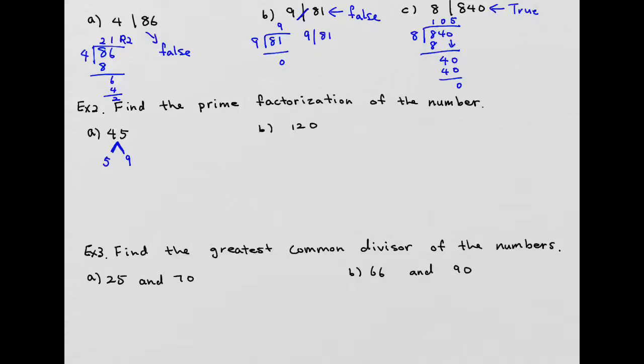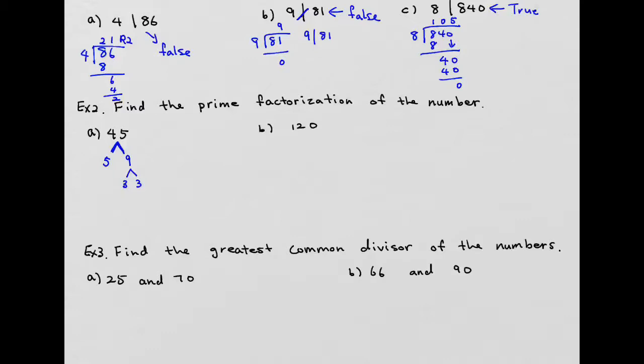So we don't have to factor any further because a prime number has 1 and itself as its factors. That's the definition of a prime factor. 9 is not a prime number. So if it's not a prime number, then I'm going to branch out further until I find all the prime numbers. So then 3 times 3. And 3 is a prime number, and both numbers are prime.